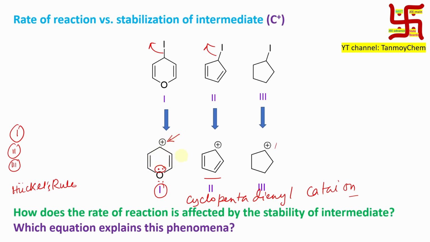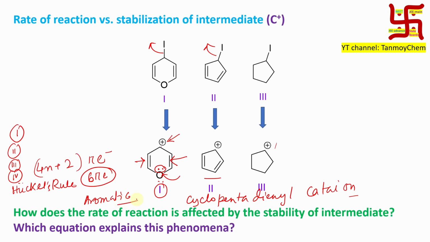Positive charge means a vacant p orbital. And the fourth rule is 4n plus 2 pi electrons for an aromatic system. Now here 2 pi electrons, 4, here 2 pi electrons, so total 6 pi electrons, which is actually a Huckel number. So this option A, you can say it is aromatic, means you can say it is stable.